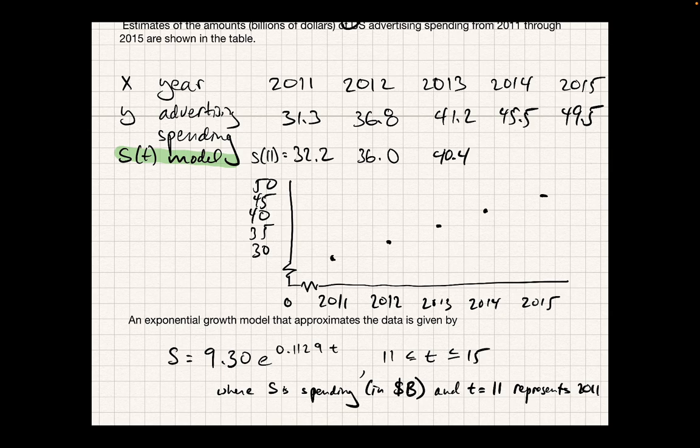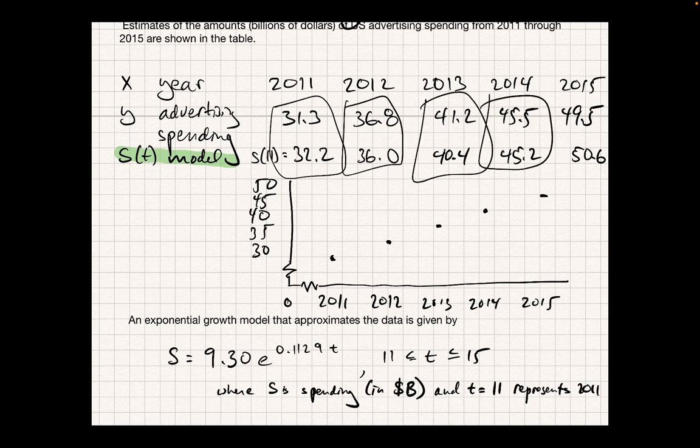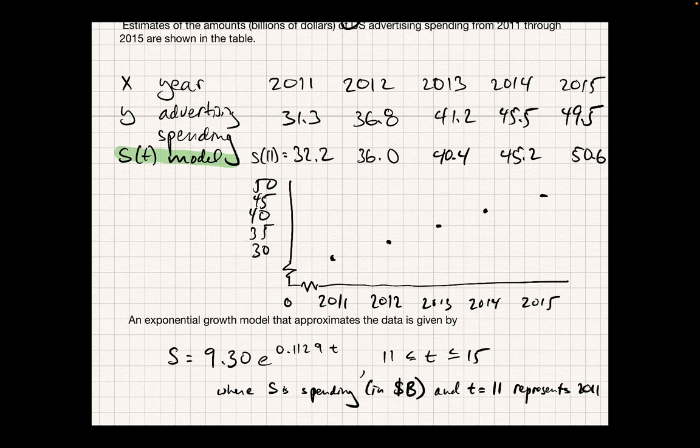Lily, what'd you get for S at 14? 45.2. And Miles, what'd you get for S at 15? 50.6. So you can see the comparison here. It's pretty close. The predictive accuracy of the model is pretty good.